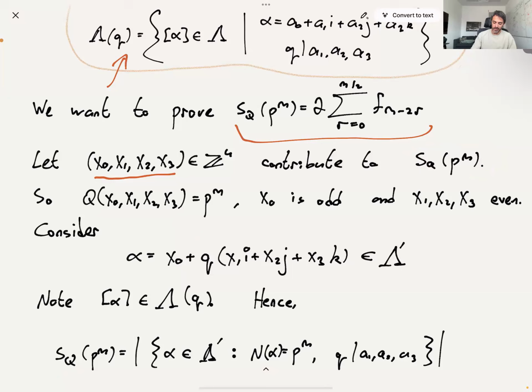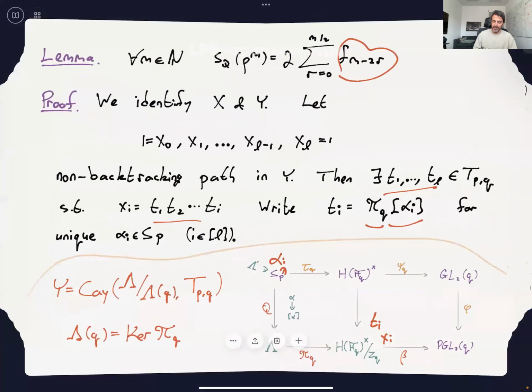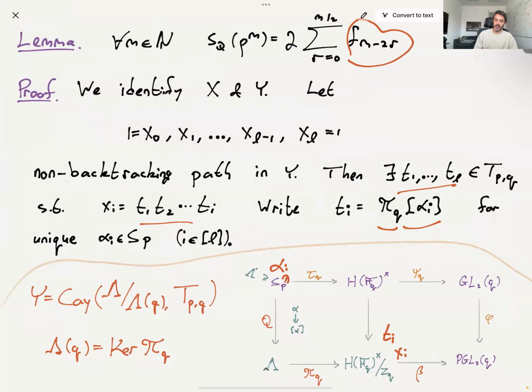So we did one more step now. We interpreted SQ of P to the M in this quaternion language, which is good, because the first part of the lemma, we are still in the proof of the lemma, was to write each of these summands in terms of quaternions, and now we just did it for the left-hand side.